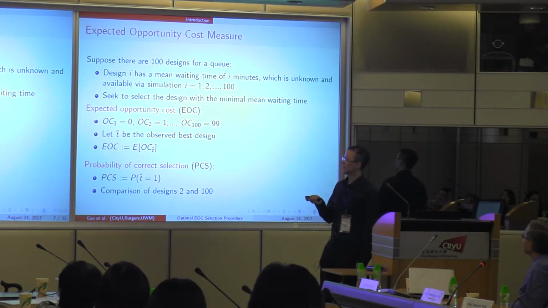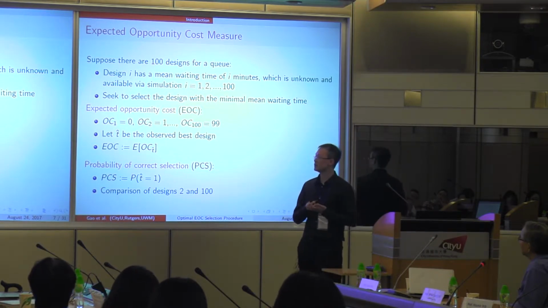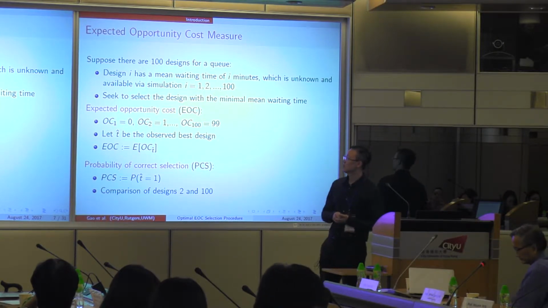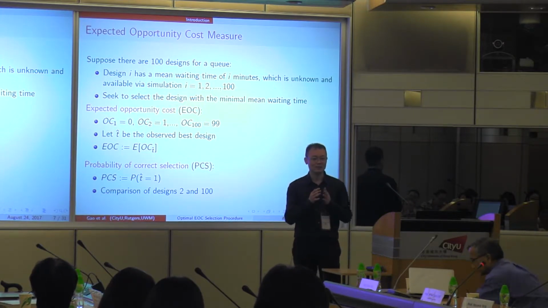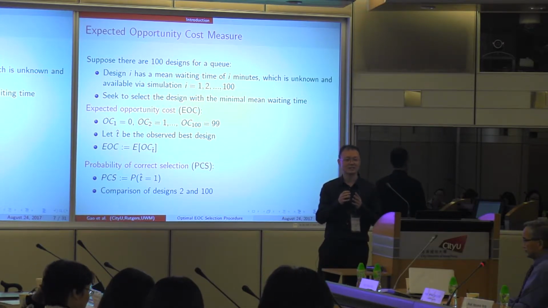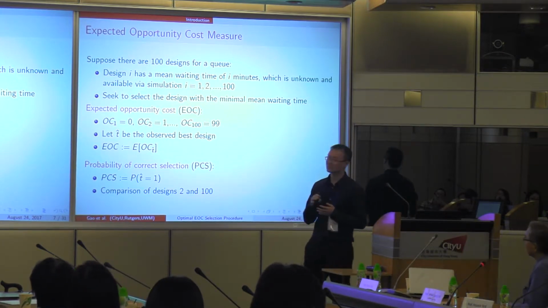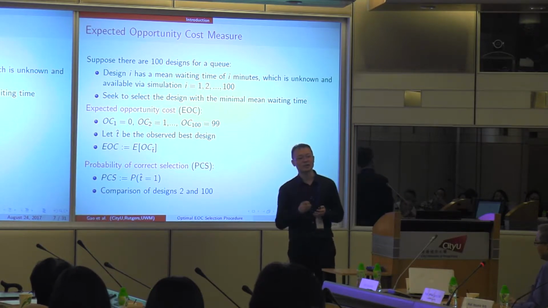We let T hat be the observed best design. Then the expected opportunity cost, OC, can be defined as the expectation of the opportunity cost of the observed best design. I think this OC measure is similar to the regret measure Professor Hong just mentioned in his talk. But there is some difference, and this difference is also related to the question Professor Xia asked just now.